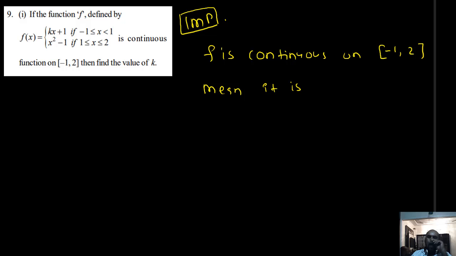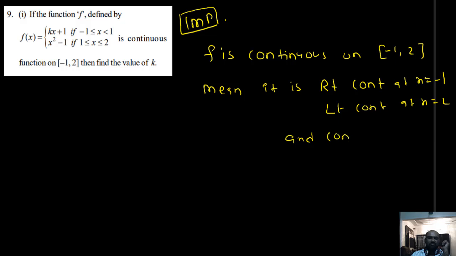I will write that. F is continuous on closed interval minus 1 to 2, means it is right continuous at x equal to minus 1, and left continuous at x equal to 2, and continuous at x equal to 1.